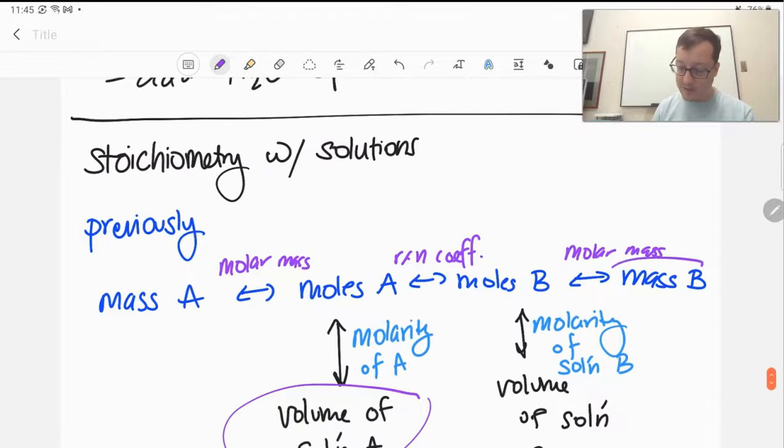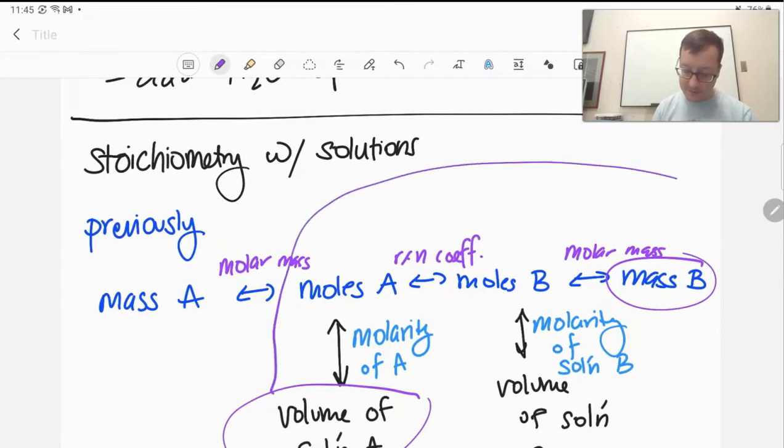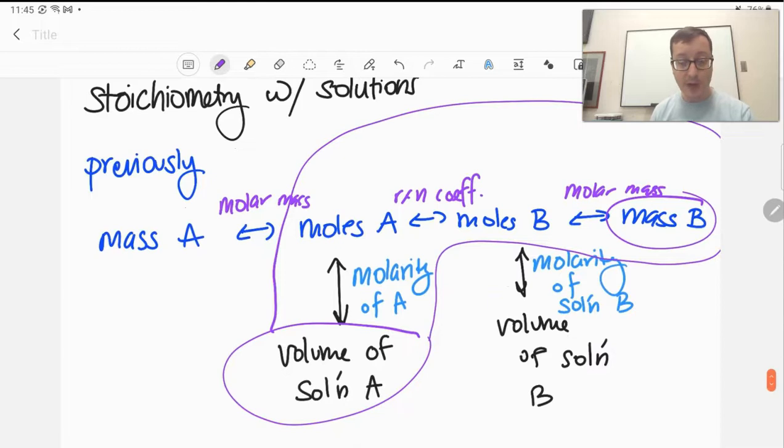We're looking for mass of component B. So we're going to follow the pathway that leads us there. We're going to use the molarity of A to go to moles of A, calcium chloride in this case. We're going to use our reaction coefficients to turn that into calcium sulfate, and then we're going to use the molar mass of calcium sulfate to calculate the mass of B.